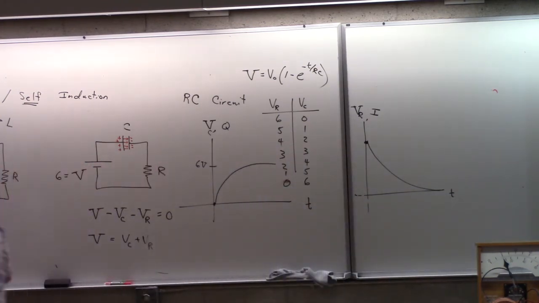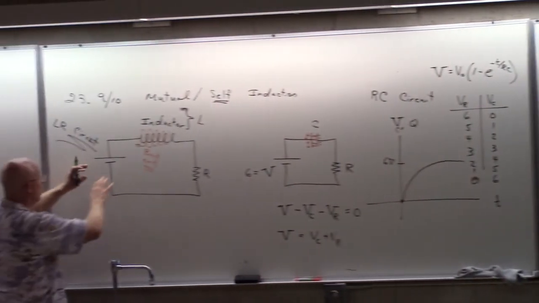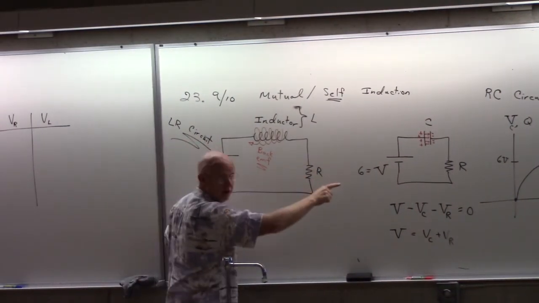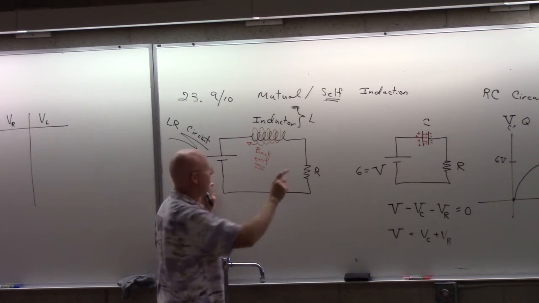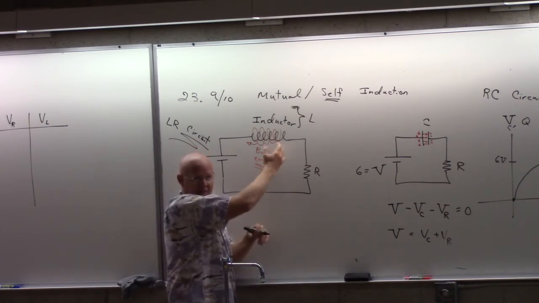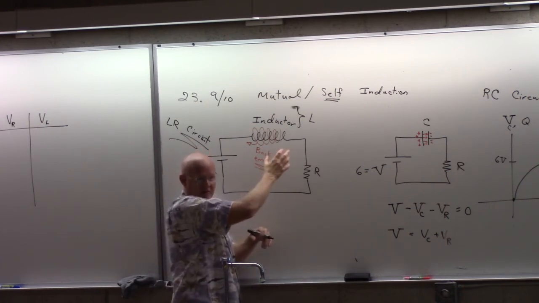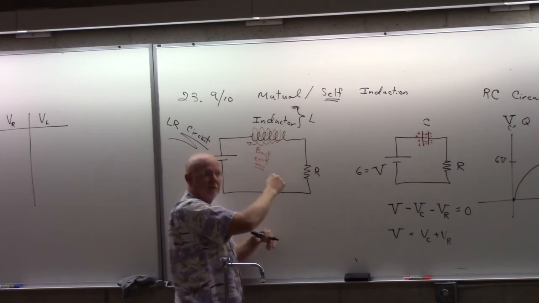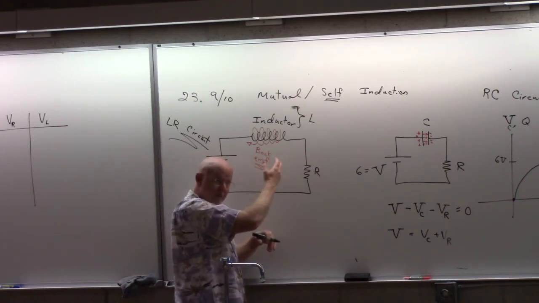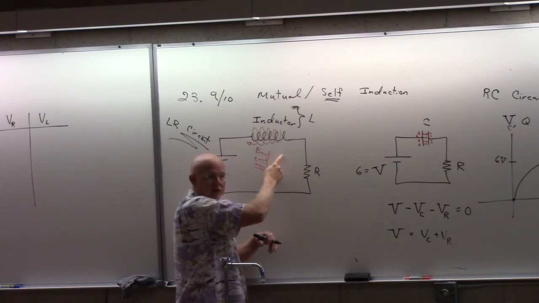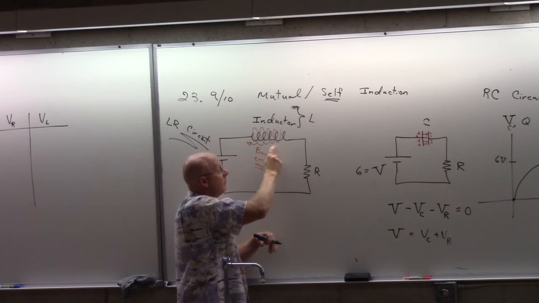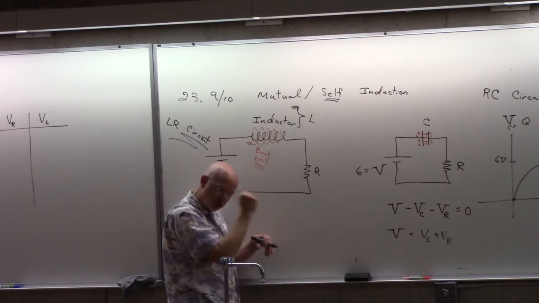And I'm going to say the same thing here. When you first hook this up, what you're trying to do is rush current through here. Remember Faraday's law? The amount of voltage, in this case the voltage on itself, the back EMF, is related to the rate of change. And so I would say right at the beginning, the rate of change is the strongest.